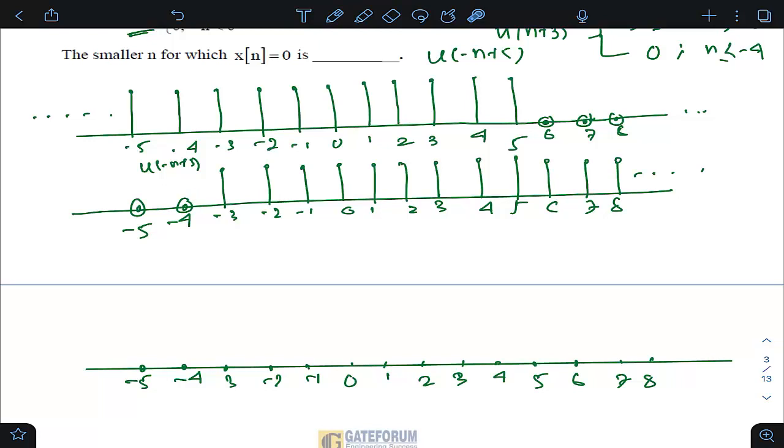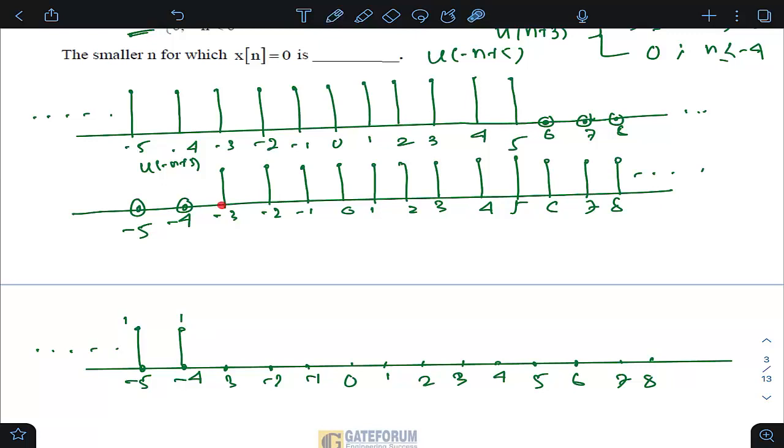From minus 4 onwards, this waveform is 1 forever and this waveform is 0 forever. I mean, from minus 4 to minus infinity, this is constantly 1 and this is constantly 0. So 1 minus 0 is 1. So this is constantly 1 up to minus 4, from minus 4 to minus infinity.